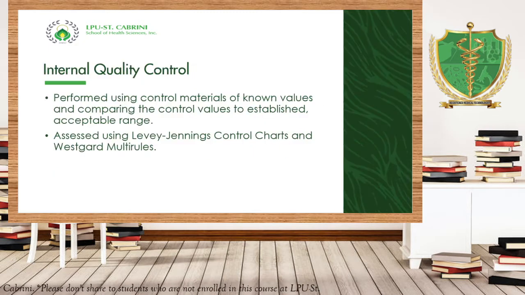Okay, first we're going to discuss internal quality control. Internal quality control is performed using control materials of known values and comparing the control values to establish an acceptable range. From the word itself, internal quality control, we are performing the control within our capacity.